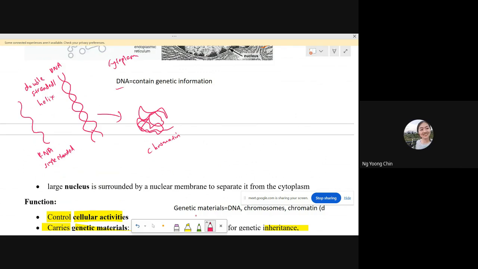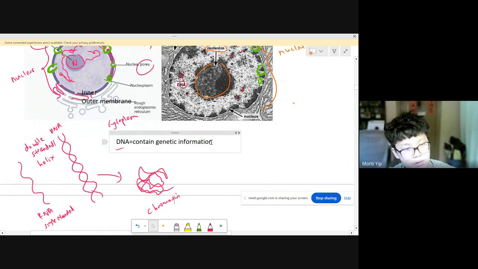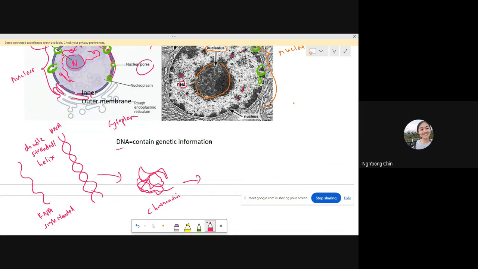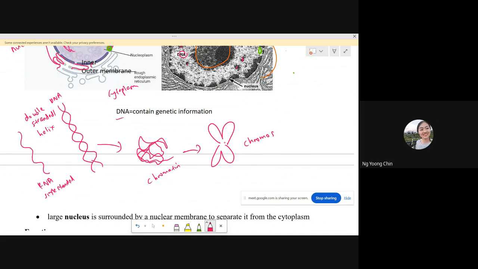You see from this picture, this is chromatin because they coil together already. When they further condense together, they form a butterfly-like shape, like this. You saw this before, right? It's called a chromosome.